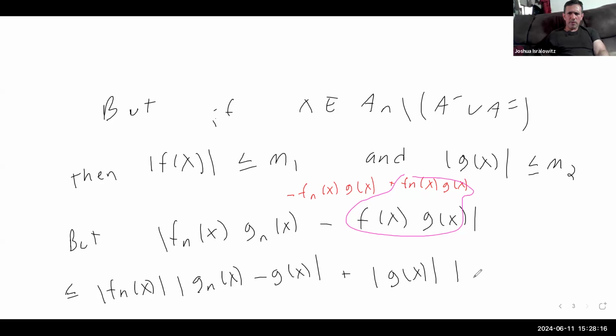Okay, but what we could do is just add and subtract one more time, because there's no control over the absolute value of Fn of x.